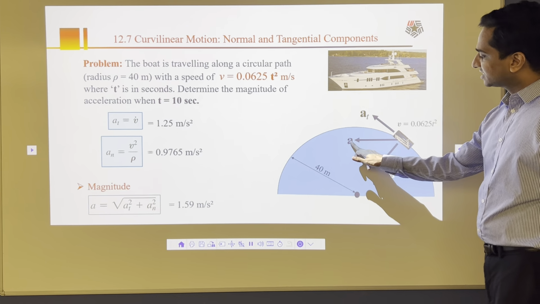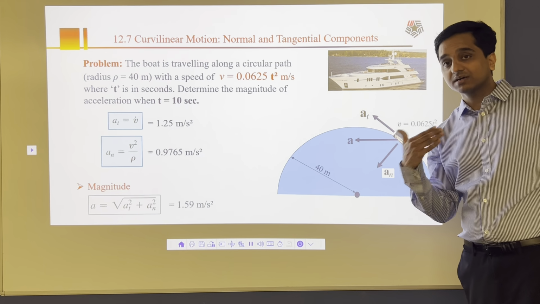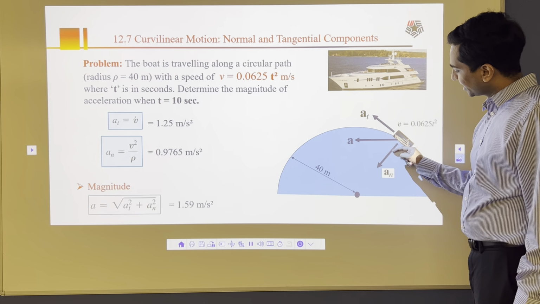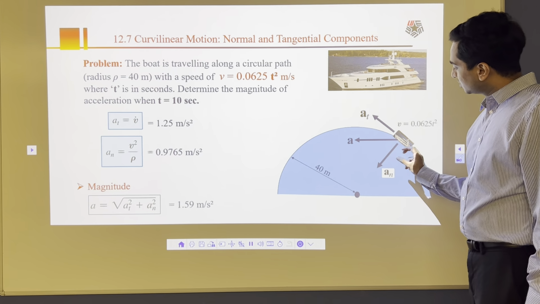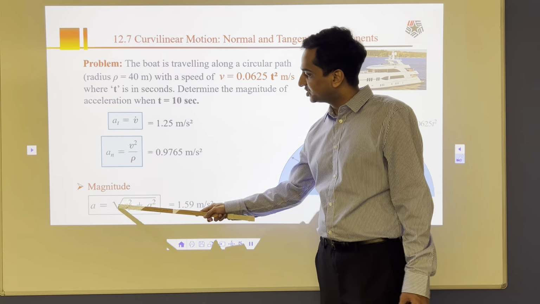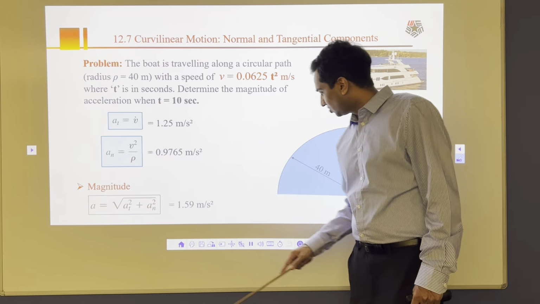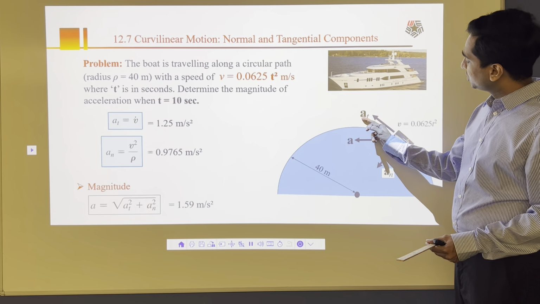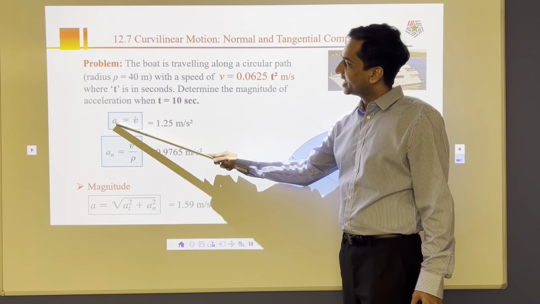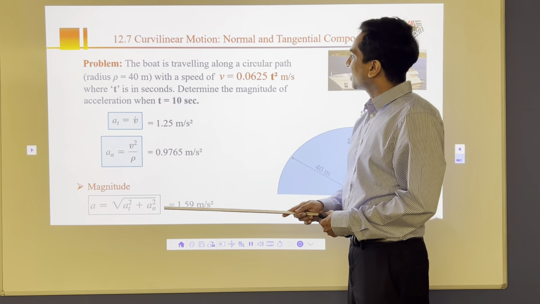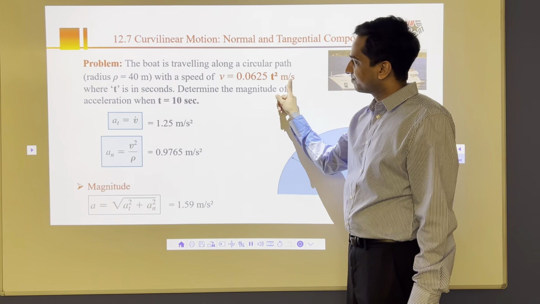To calculate that acceleration, as it is taking a curve, it will have two components, tangential and normal. If we can find the tangential and normal components, we can solve this problem using this formula. First, the tangential component: a_t is equal to v dot, which is nothing but dv by dt. We have the equation for v.